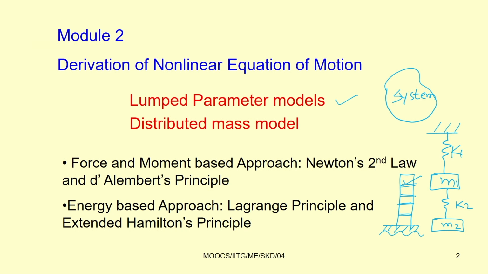The equation of motion can be derived by a force or moment based approach, particularly using Newton's second law or D'Alembert principle, or an energy based approach using the Lagrange principle or extended Hamilton principle. These principles are for fixed coordinate systems.